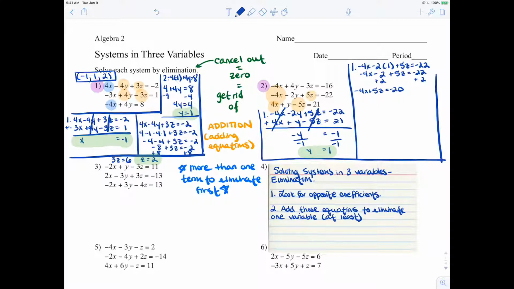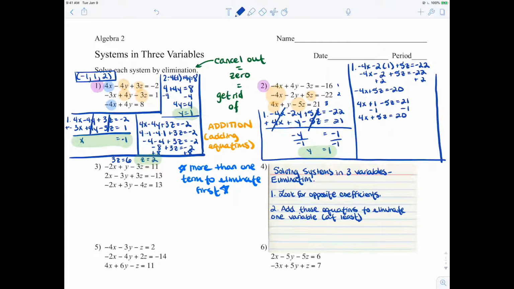And then I will substitute y into another equation. I used the second one this time, first, second, third equation. And I'm going to use the third equation this next time: 4x plus 1 minus 5z equals 21. And so I subtract 1 from both sides, and our second equation is 4x plus 5z equals 20.